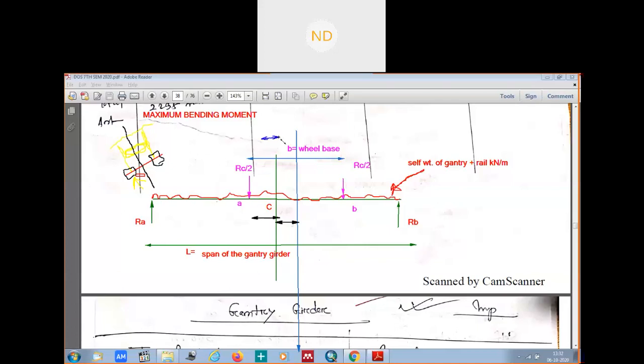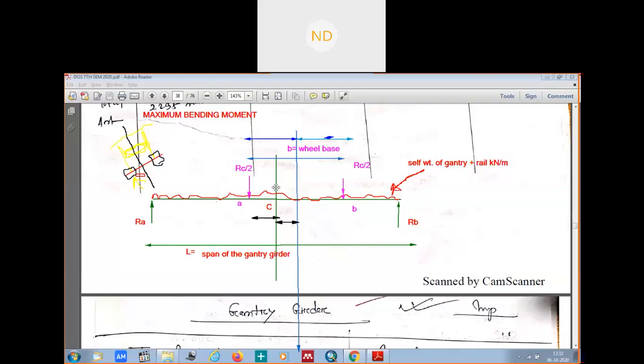From the center, obviously you will know this distance and this distance. These two distances will be how much now?